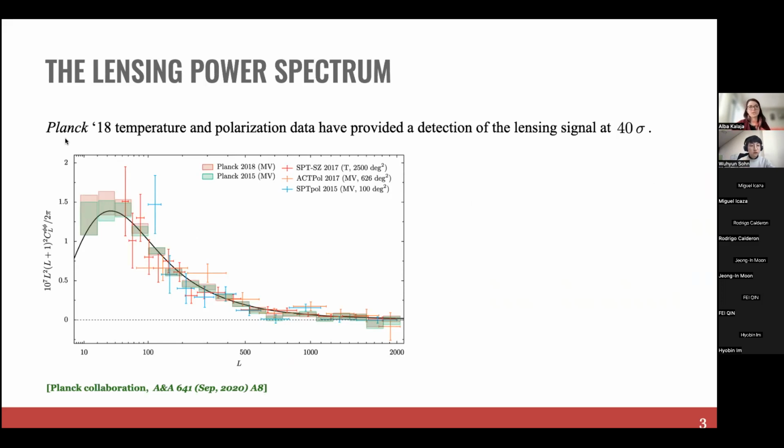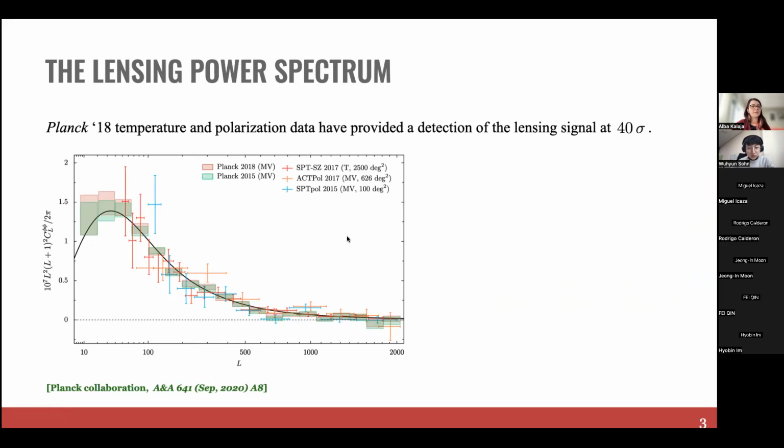I'm just mentioning the last detection, which was done by Planck in 2018, to high statistical significance at 40 sigma. In this plot taken from the paper, I'm showing the power spectrum, so the power of this signal in terms of scale, here on the x-axis, from different types of experiments.